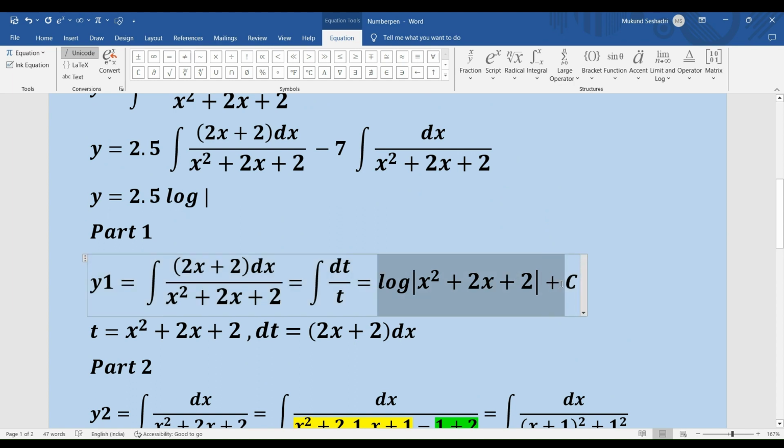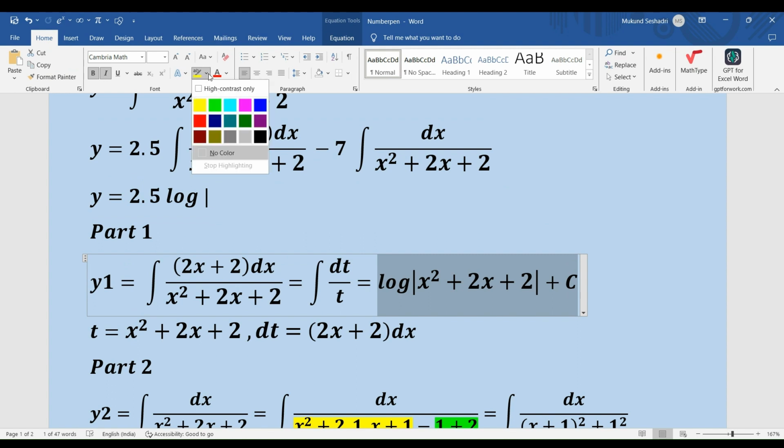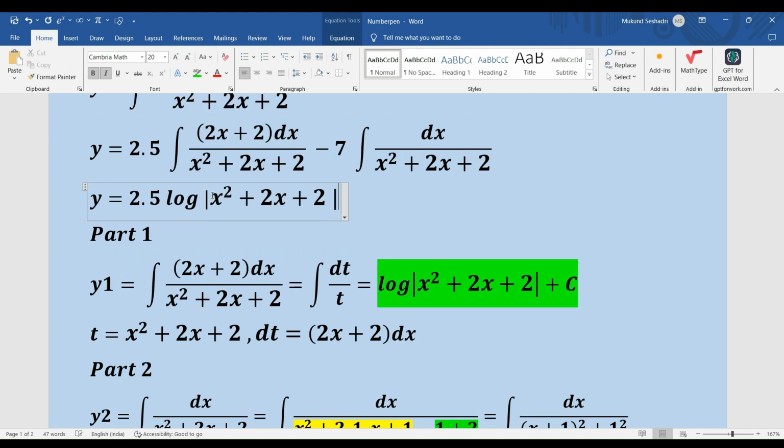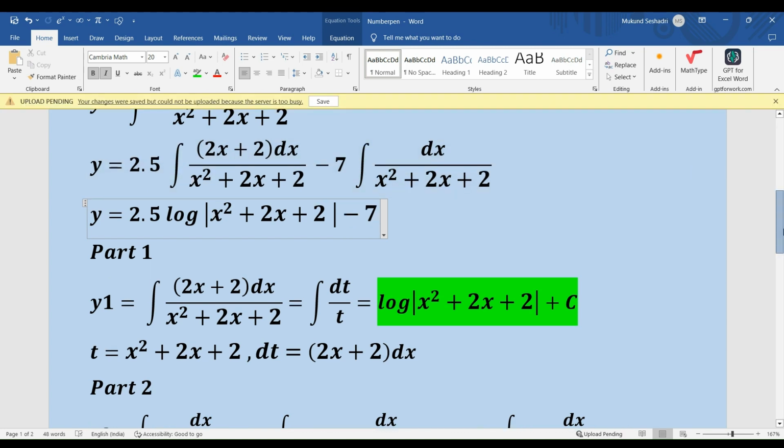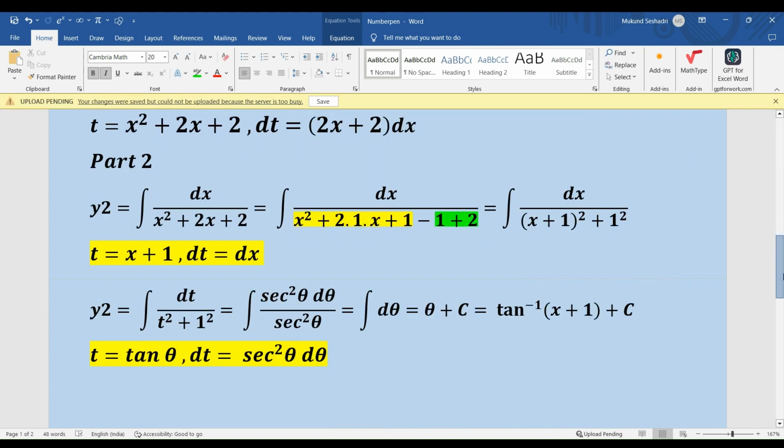I'm picking it up from here under part 1, and let me highlight it out here for you folks in green. So that's my part 1 and my part 2. And remember, you have your minus 7 out here. Your part 2 is integral of dx by x squared plus 2x plus 2. And let me go to part 2. And what was that? Tan inverse of x plus 1 plus c, right?